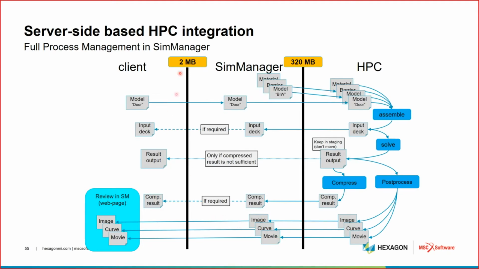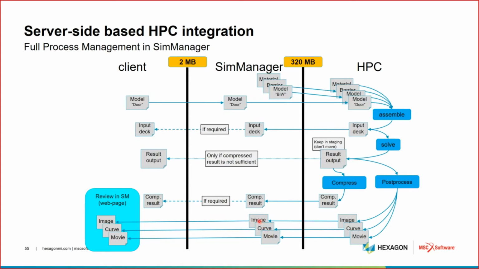So if I look at the boundary between the client and the SimManager server, there's a very small amount of data moving left to right, where only the submodel for the door moves initially, and the only thing that comes back are the summary information for the images, movies, curves, etc., that summarize the result for the analysis that has been done.